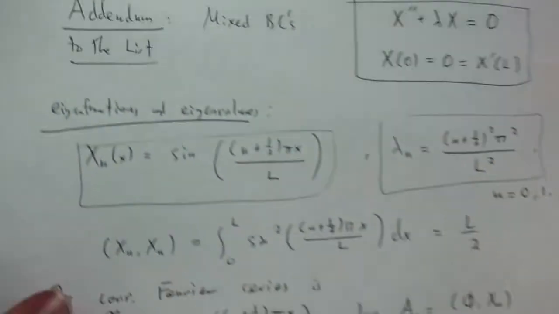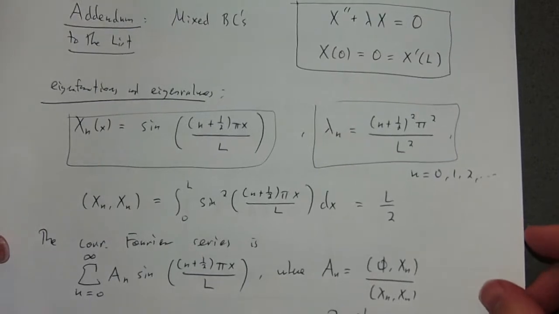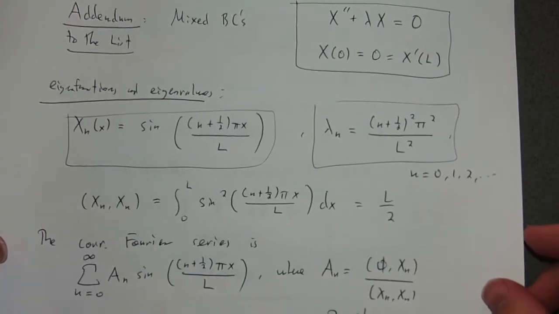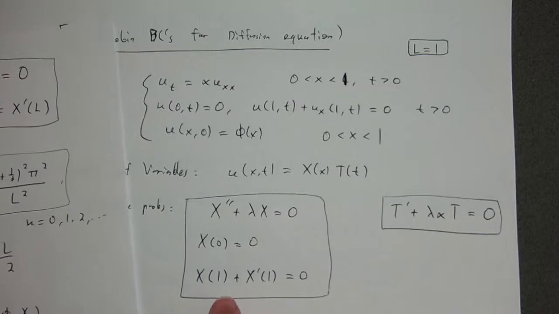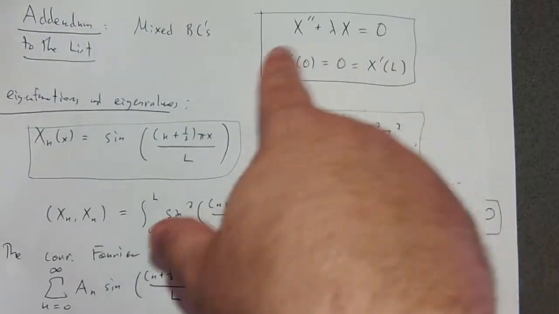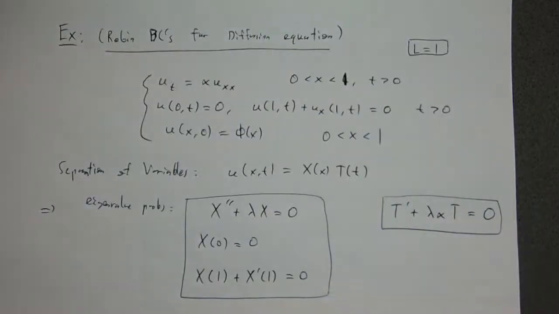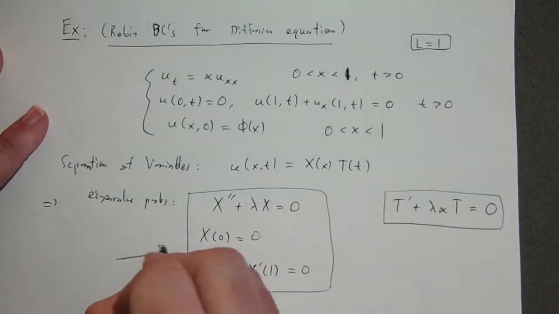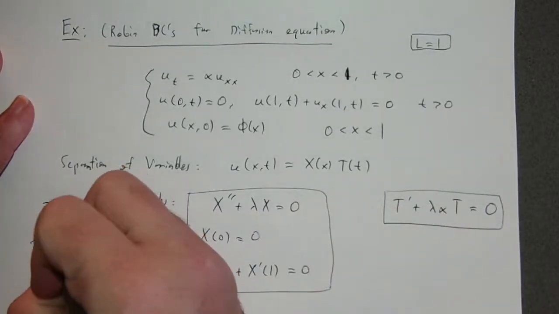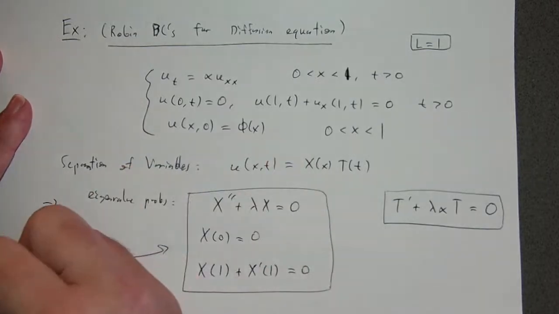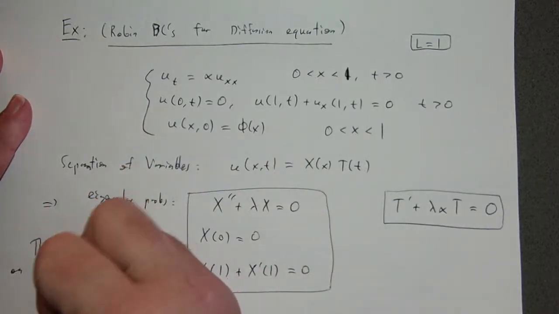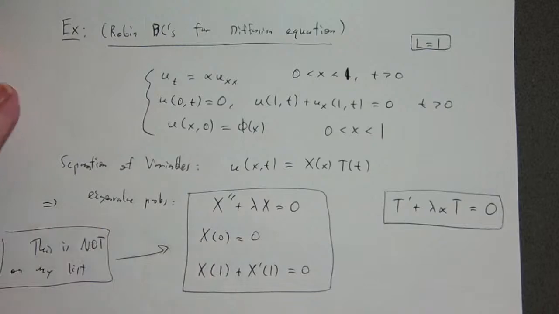And mixed boundary conditions. I mean, it kind of looks like it is, but it's not really, right? This isn't the same kind of thing going on. And so this isn't on my list of eigenvalue problems that I already know how to solve. And so I'm going to have to find out how to solve this thing on my own.